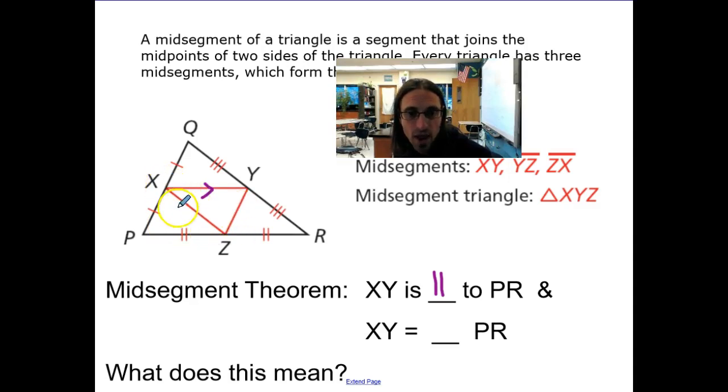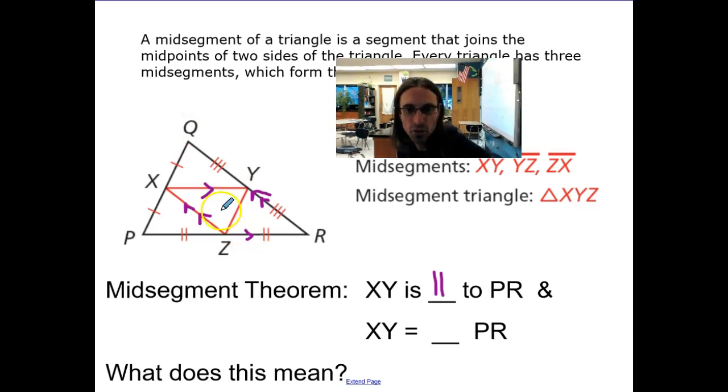So that means XZ is parallel to QR, right? That's kind of cool too. Put some double arrows over here so you get the idea. And of course, PQ is parallel to YZ. Well, that's awesome. So the midsegment is parallel to the base.